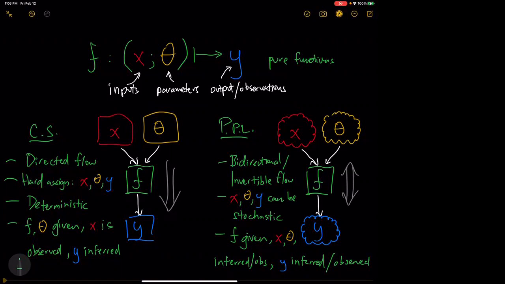In probabilistic programming, we can go both ways. So you might have a program where you know the inputs to some approximate degree, and then you have a distribution or a belief over where they might lie.